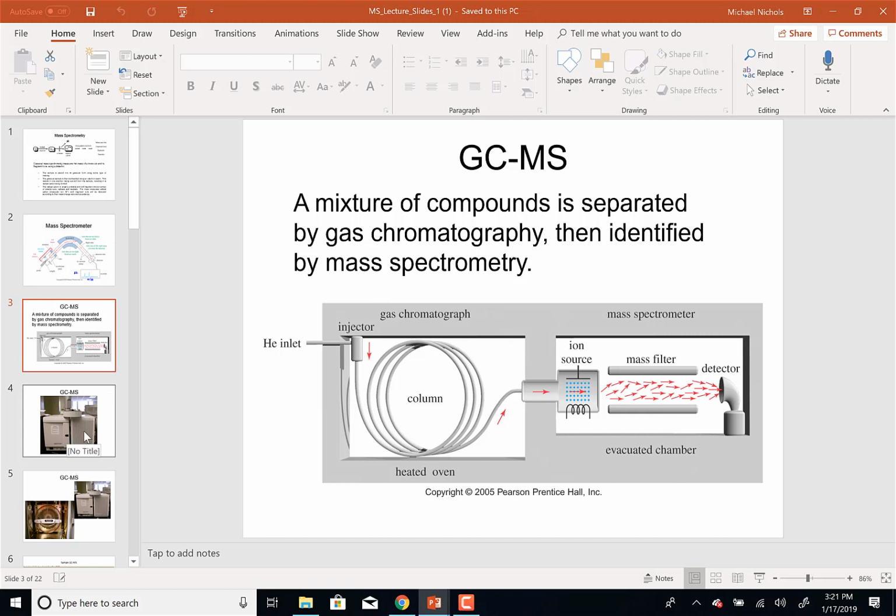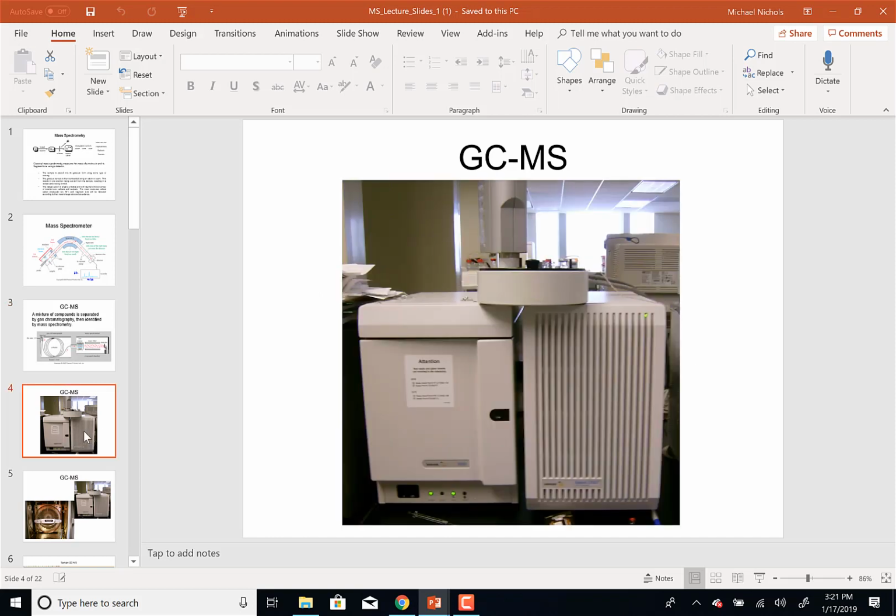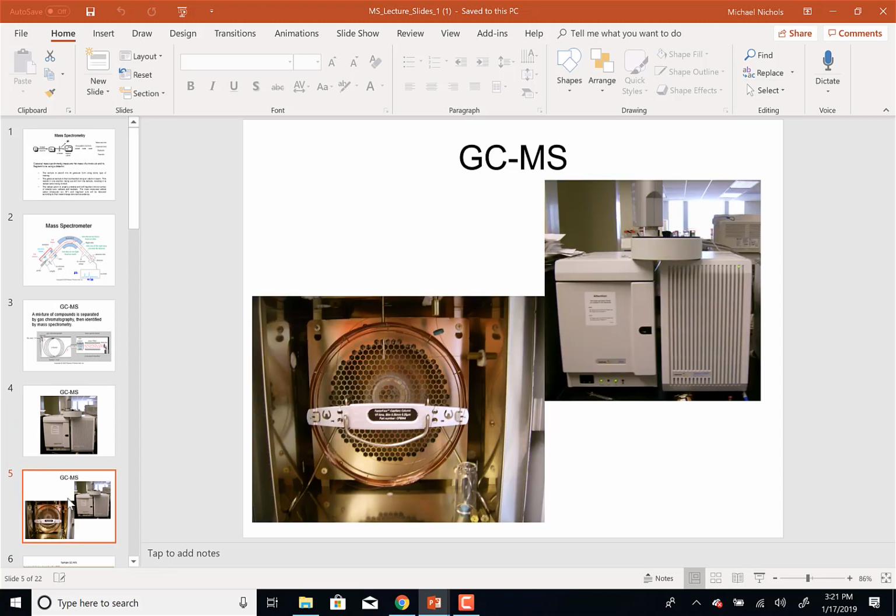Ours looks like this if you've ever been in there to see it. It has an auto sampler, or you can inject by hand. And basically, I take a syringe full of material, I inject it here. It goes through the column, this really hair-thin column, and then goes into the mass spectrometer, which is over here.